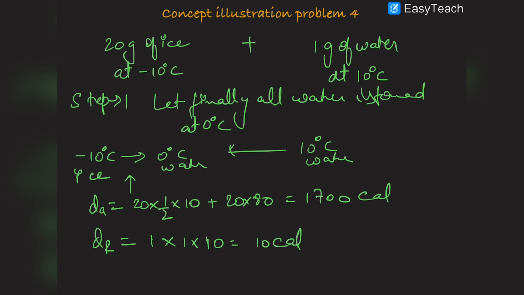So by no chance can water bring this ice even to 0 degrees Celsius, because to come to 0 degrees Celsius ice requires 100 calorie of heat, and water can only give 10 calories of heat. So step 1 fails. Now let us execute step 2.